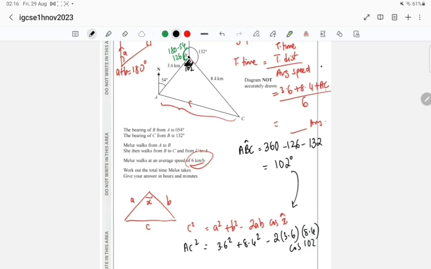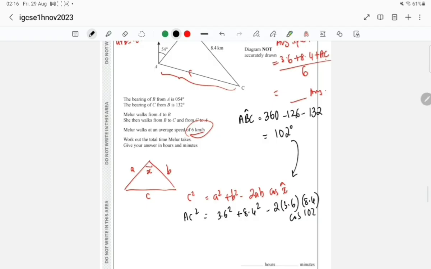Now in my calculator, I will write cos of 102 multiplied by 2 times 3.6 times 8.4, and then I will take brackets 3.6 squared plus bracket 8.4 squared minus that answer. Okay, so this will give me 96.09, and I need to square root that to get 9.8. So AC will be equal to 9.80278 something, dot dot dot.